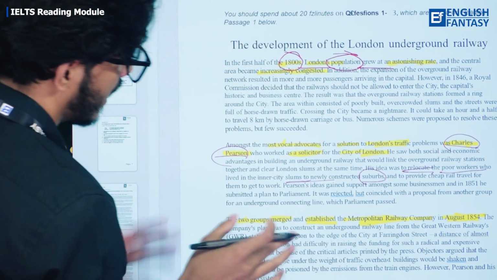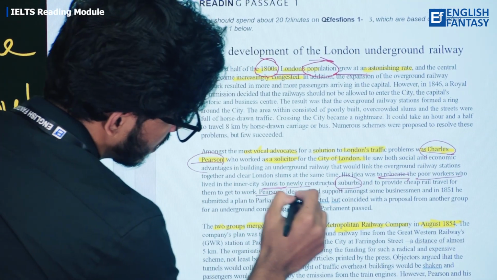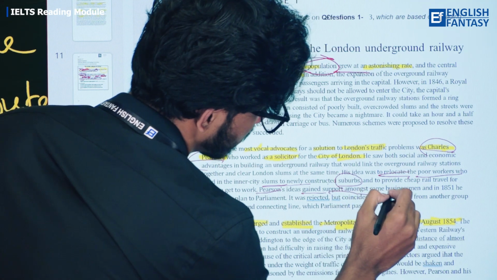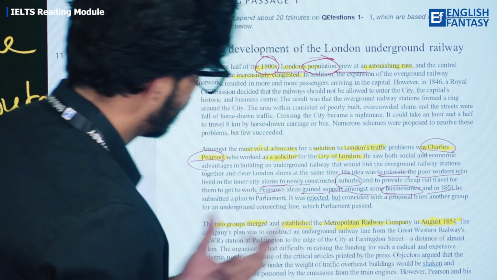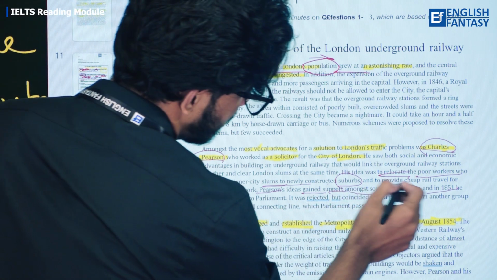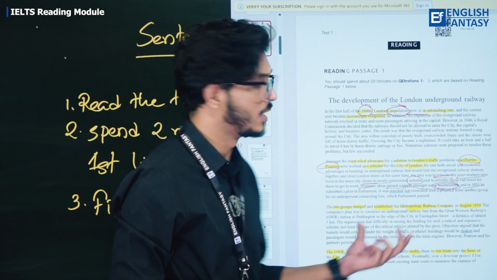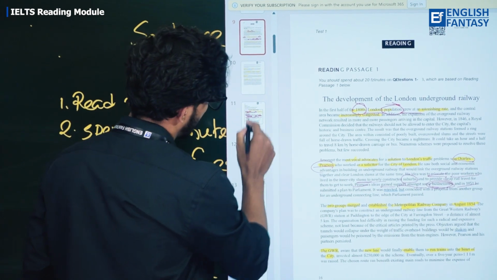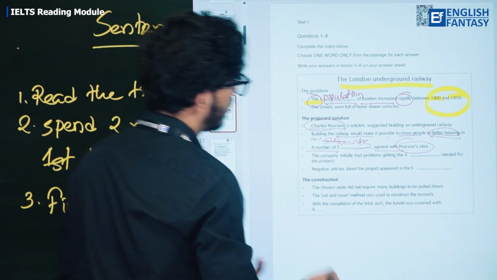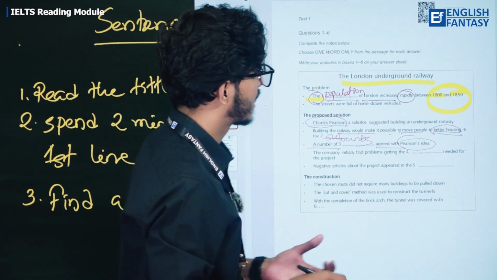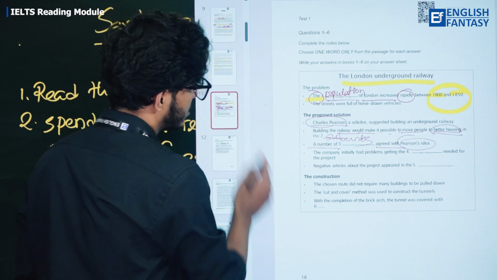So we will get the answer below the previous answers. Pearson's idea gained support among some businessmen and in 1851. So some businessmen are supporting his idea. So our answer should be businessmen, as they were talking about a number of dash agreed with Pearson's idea. So the answer is businessmen.